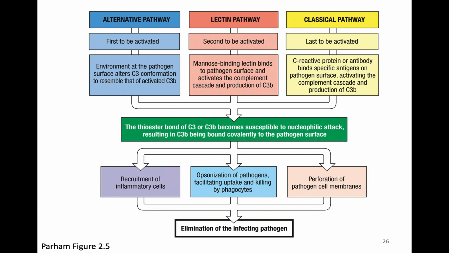So when I think about the complement cascade, I first think about how we start it, how we turn on the complement cascade. And I refer to that as the initiation step.